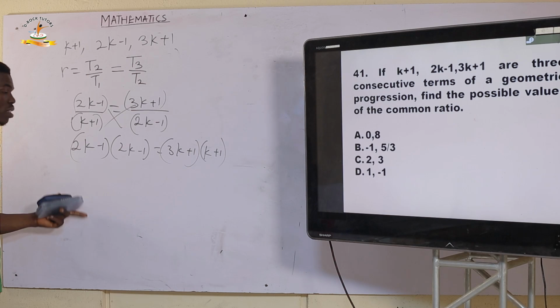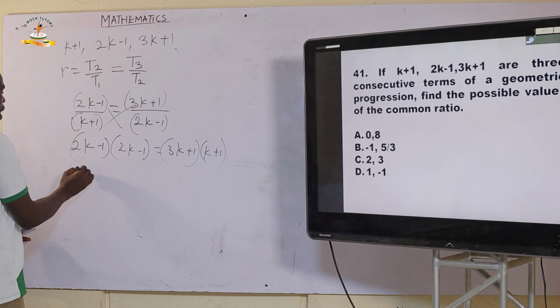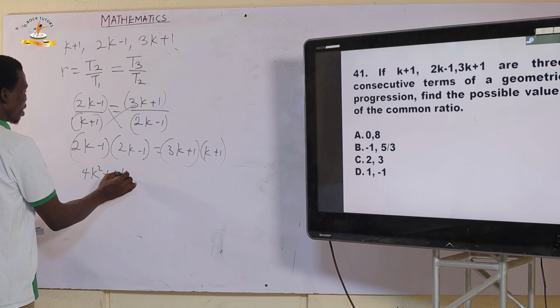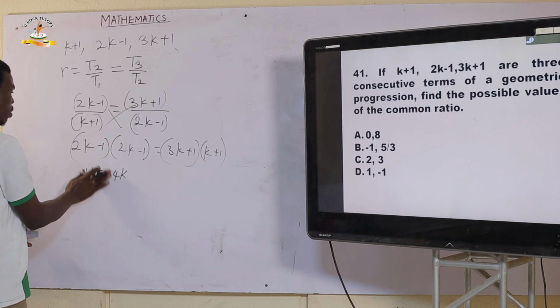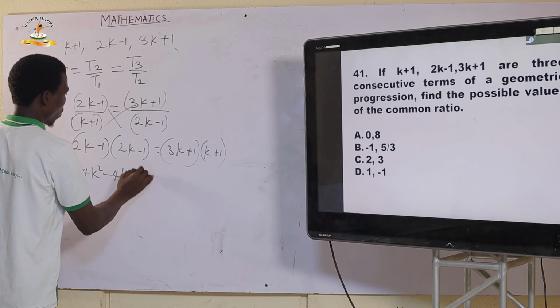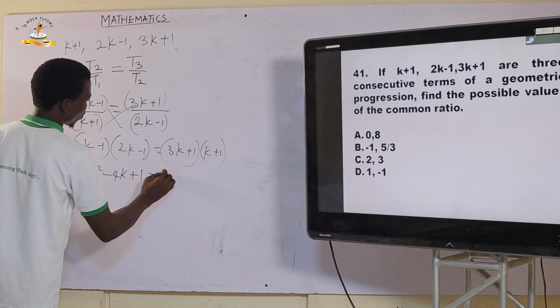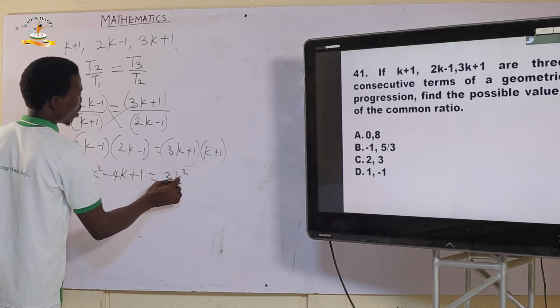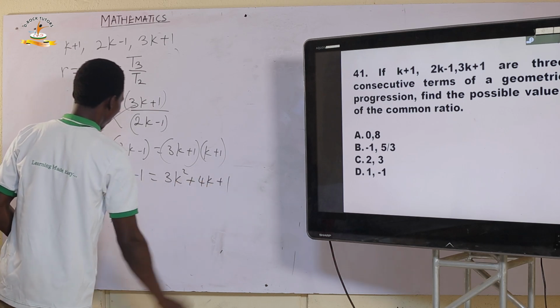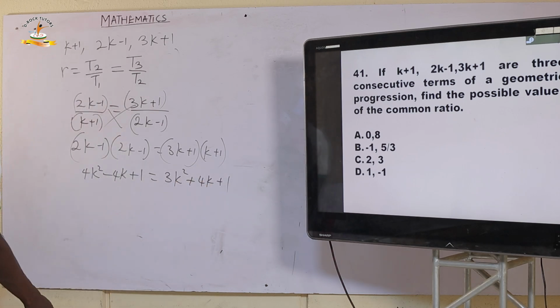You multiply this out, you're going to have 4k squared minus 4k, then plus 1, equals, if you open this, 3k squared plus 4k plus 1. And what happens? You can collect terms.